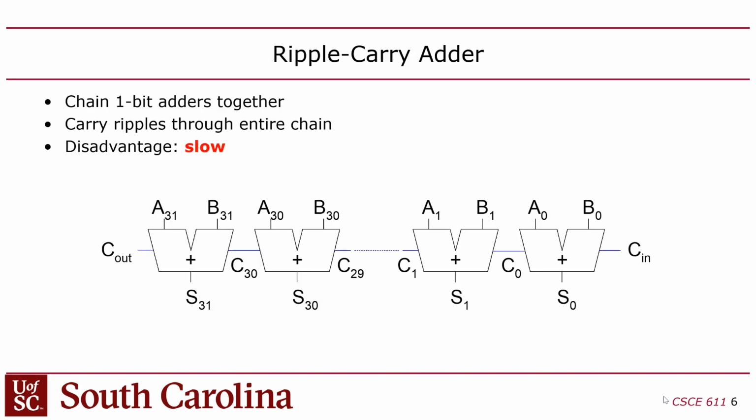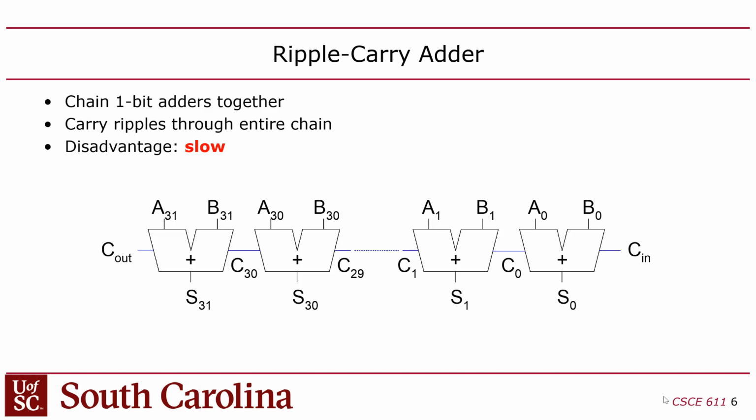So a ripple carry adder is where you just take full adders, single bit adders, and you just chain them together, where the carry out of each adder is connected to the carry in of the next adder in terms of significance, right? So each of the bits of the operands get fed into the full adders, each of the pairs of corresponding bits, right?